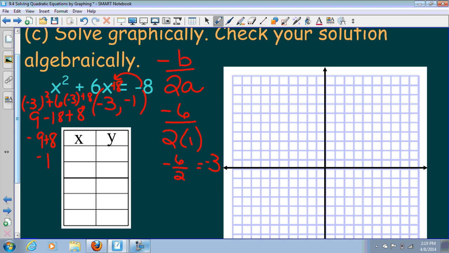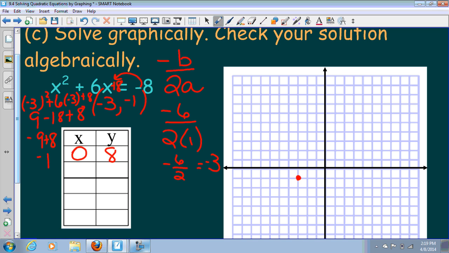1, 2, 3, 1. Okay. Now, I can substitute in and figure out values for x and y. If x is 0, y is 8. Okay?